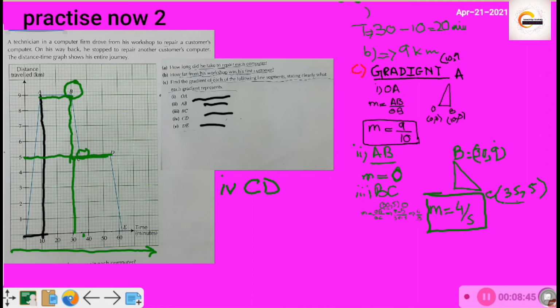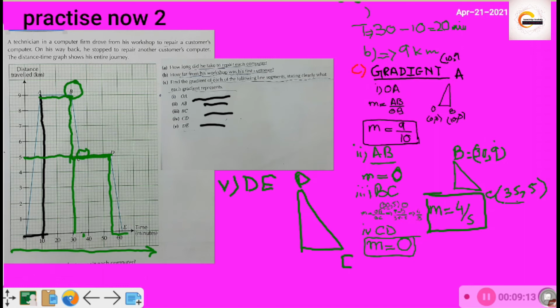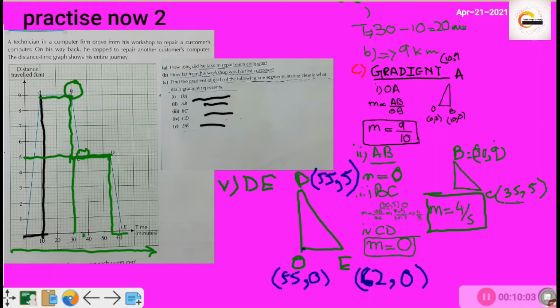Gradient of CD, as we know that it's parallel to the x-axis, will be 0. Gradient of DE, again same method, just drop a line from point D. Let's do it separately. D, E and O is the right angle triangle, and the coordinates of point D are (55, 5), the coordinates of E are (62, 0), and the coordinates of point O are (55, 0).